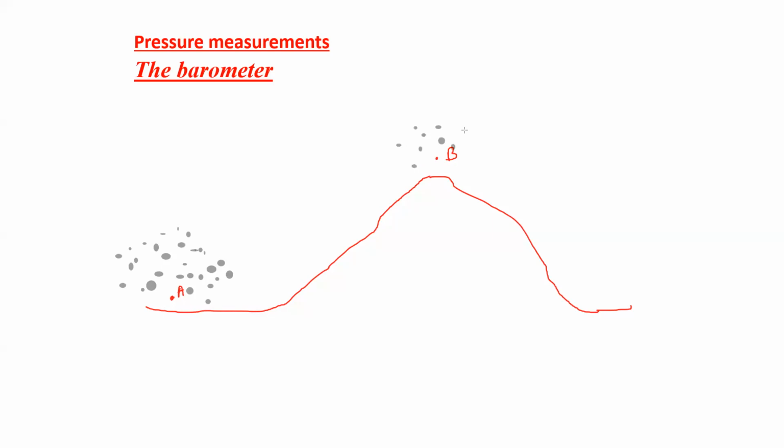That's why it is difficult to breathe at a higher altitude as compared to the ground level or sea level. So at the ground level, or sea level, we'll have a high pressure, and when you move to a higher altitude, when you climb the mountain, the air pressure will be low. So this is high air pressure and this will be low.